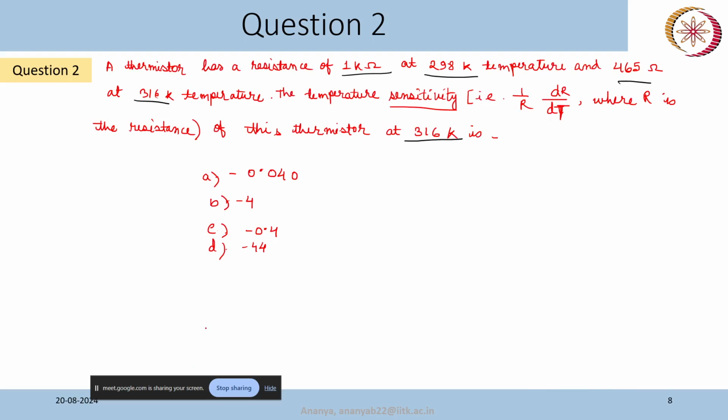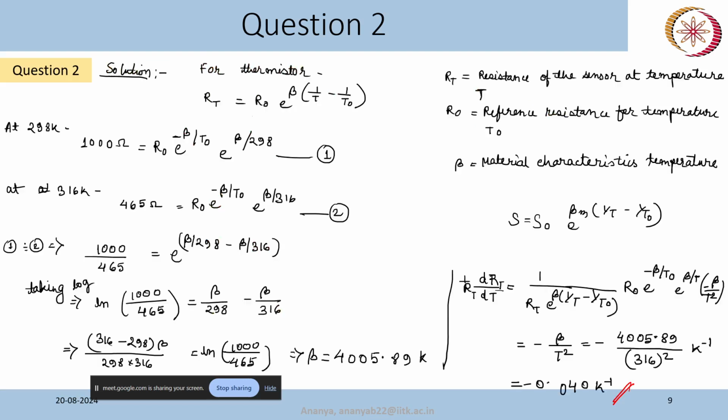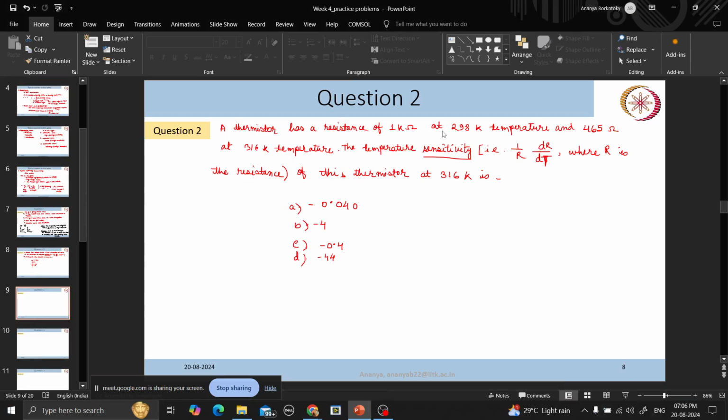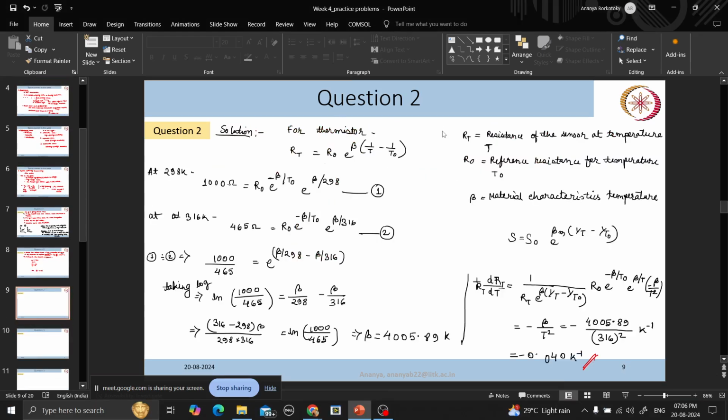So our answer is minus 0.040. Okay. I hope the solution is clear to you. Is there any doubt?